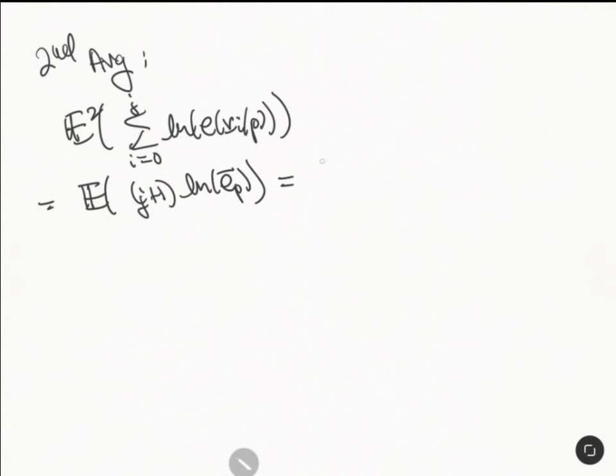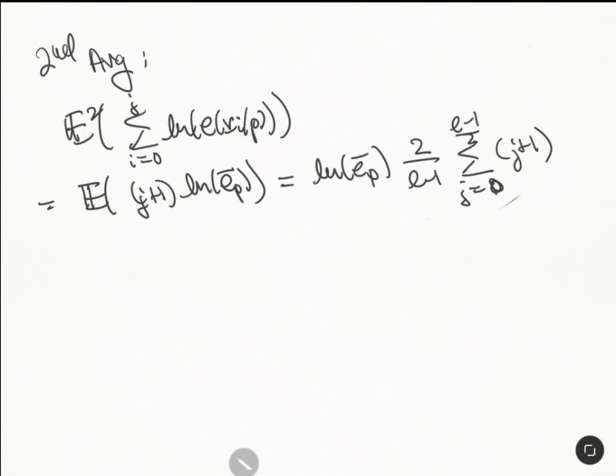This part doesn't depend on j, so we can pull it out, ln E_P bar. And now this is just 2 over L minus 1, the sum from j equal to 0 up to (L minus 1) over 2 of j plus 1.